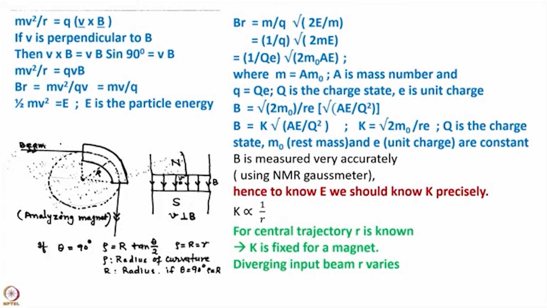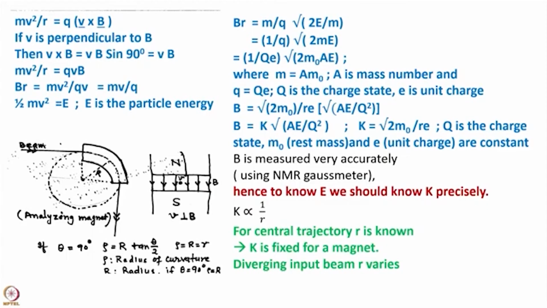If you write this whole thing into the equation, then B becomes equal to root of 2M naught divided by RE, times root of AE by Q square. This can also be written as B is equal to K times root of AE by Q square.